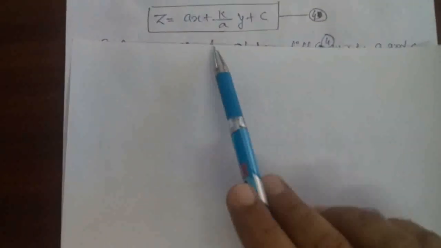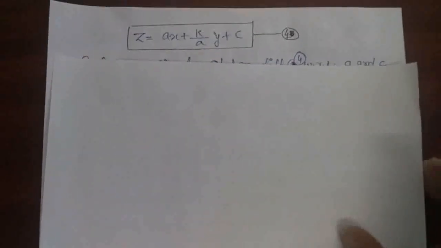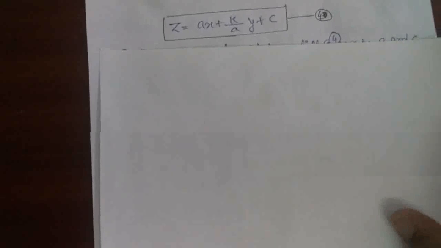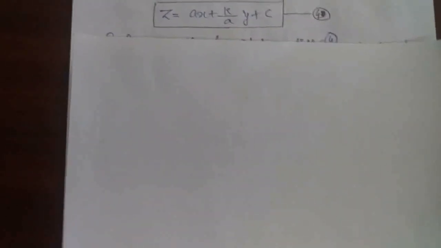We get z equal to ax plus k by a y plus c. This is the complete integral of the given equation.